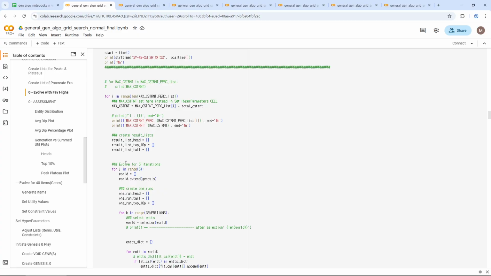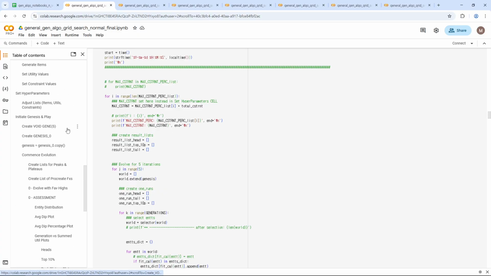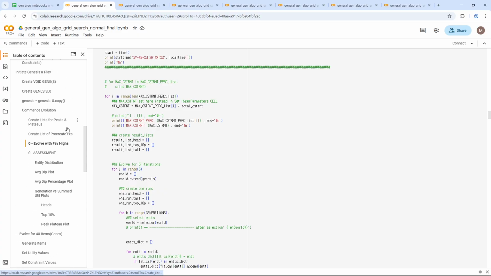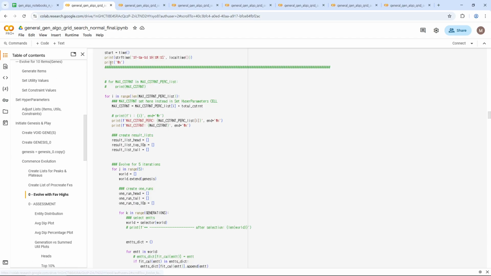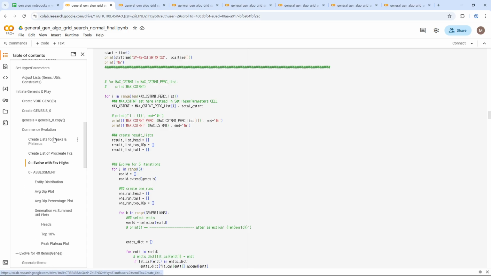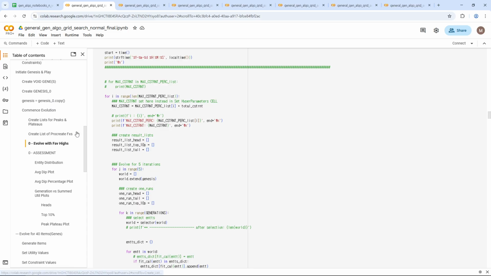And we'll look at the normal distribution first, where the utility values and constraint values are both sampled separately from the same normal distribution.